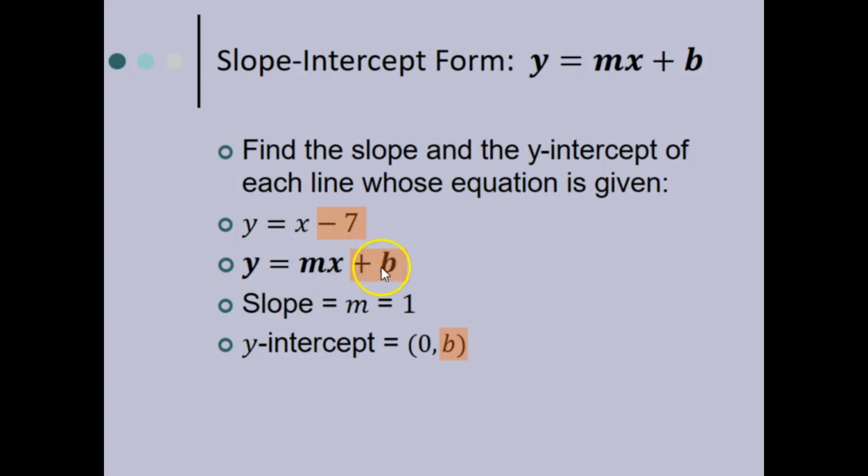It's not plus b, we have a minus 7, but understanding and using the rule for subtraction, minus 7 is the same as plus negative 7, which gives us negative 7 for the value of b, and the y-intercept expressed as a point will be coordinates 0, negative 7.